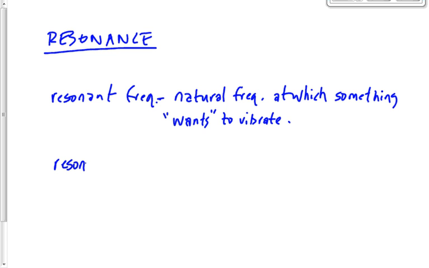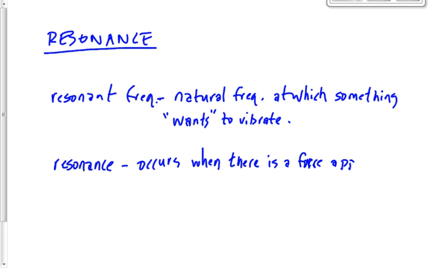Resonance, the phenomenon of resonance, occurs when there's a force applied on something at the resonant frequency.